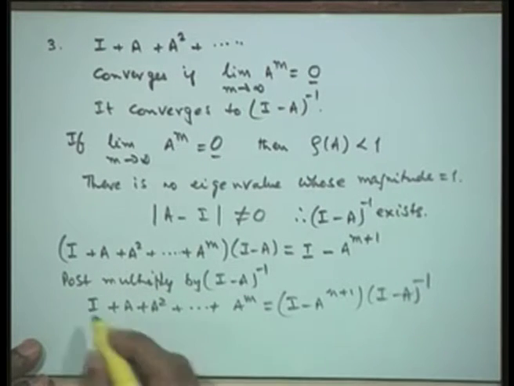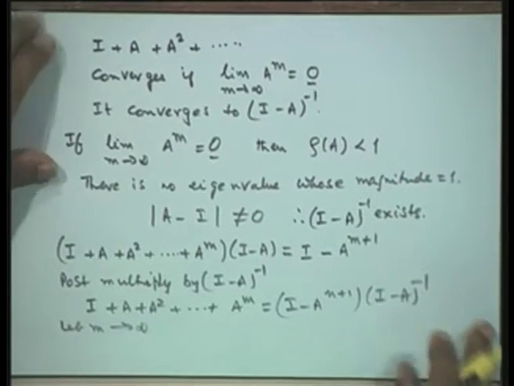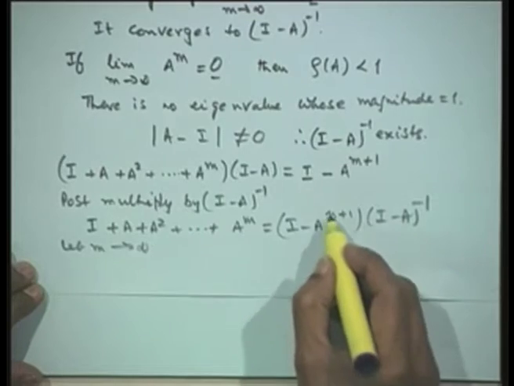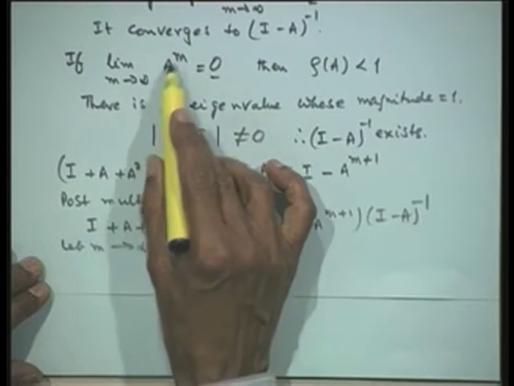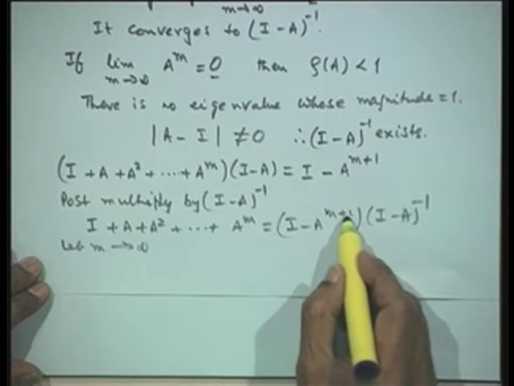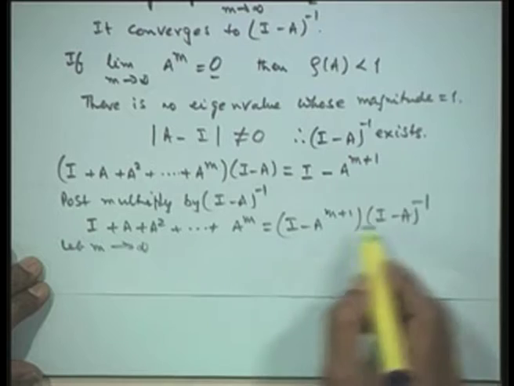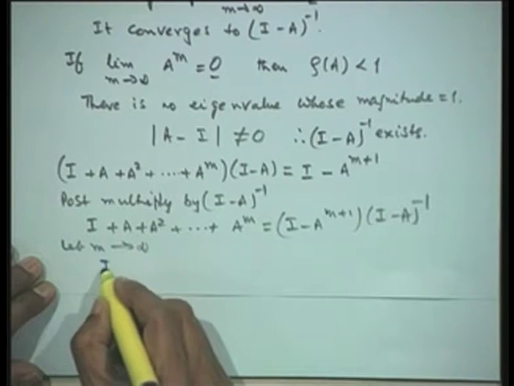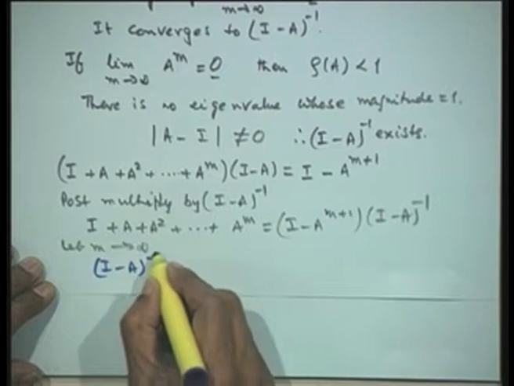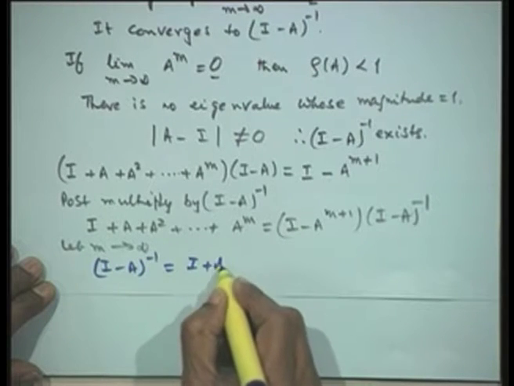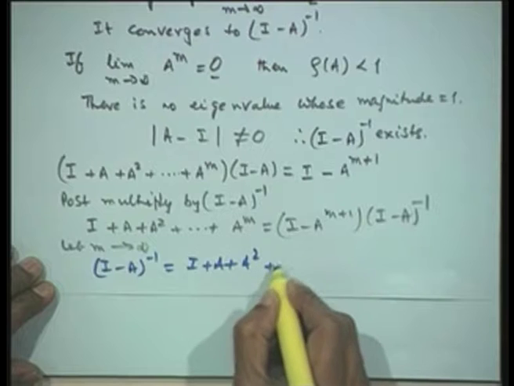Now let m tend to infinity. If m tends to infinity, A to the power of m tends to 0, therefore this term tends to 0, the left side goes to the infinite series, and the right hand side is I minus A inverse. Therefore we have the required result: I minus A inverse is equal to I plus A plus A square and so on.